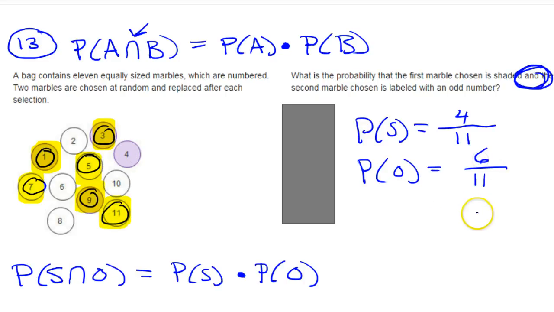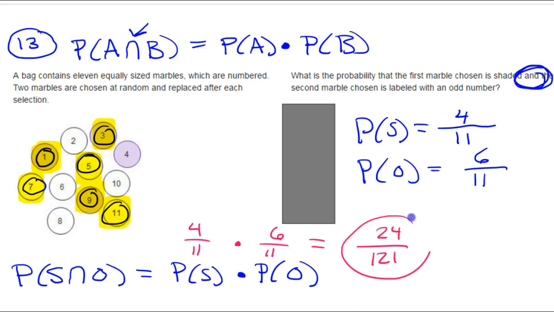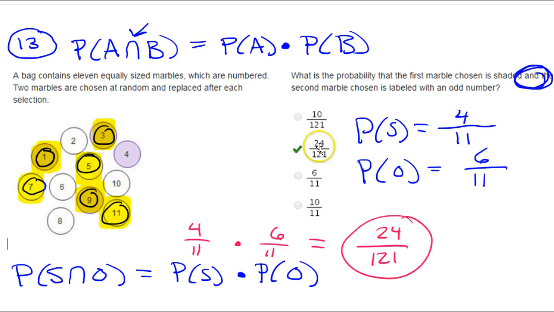So 6 out of 11. That means the product of both of these things happening is 4 elevenths times 6 elevenths. Okay, so that should be 24 out of 121. Kabam.